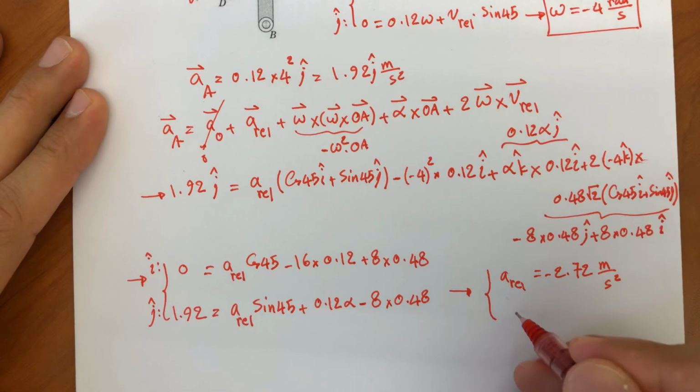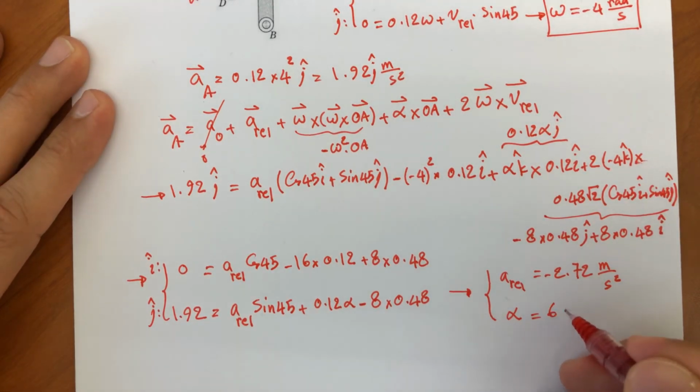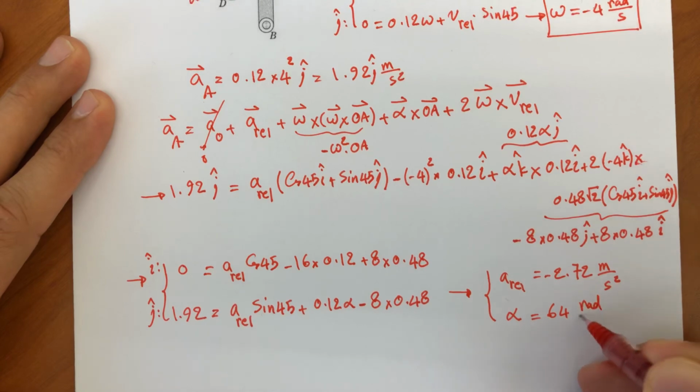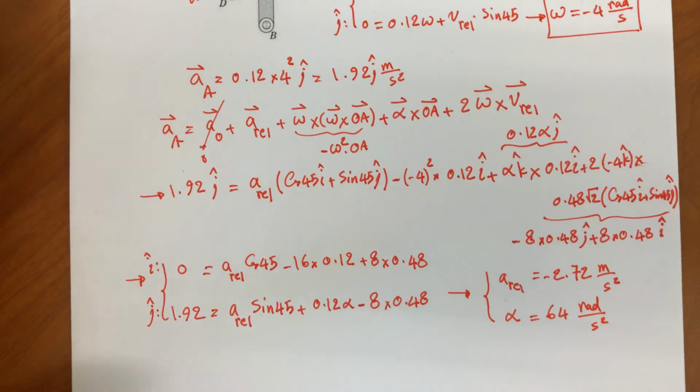And alpha is going to be equal to 64 radian per second squared. So alpha is going to be in the counterclockwise direction.